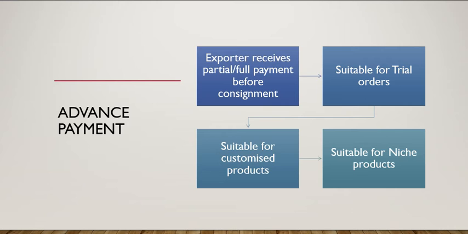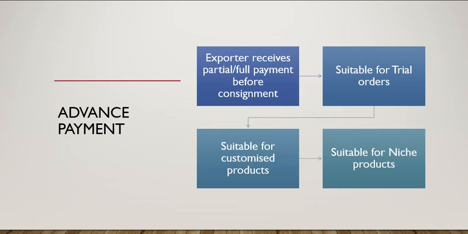You can ask for advance payment from your buyer. The buyer can choose to pay either full advance payment or partial payment. Mostly it will be partial payment, starting from 30% or 10% to 70 or 80%. It depends upon the product and your negotiating skills.